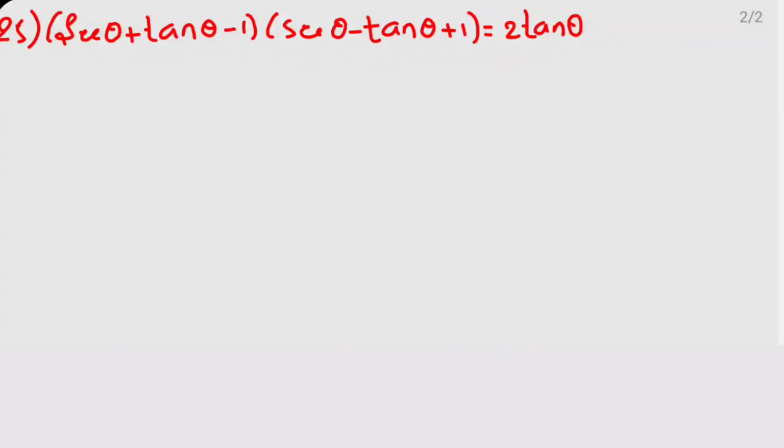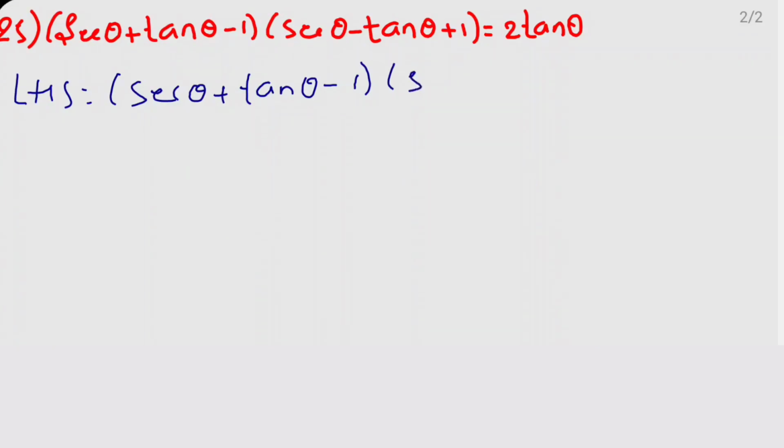So well students, the next problem is the 25th: (sec theta + tan theta - 1) into (sec theta - tan theta + 1) is equal to 2 tan theta. So LHS is equal to (sec theta + tan theta - 1) and (sec theta - tan theta + 1).